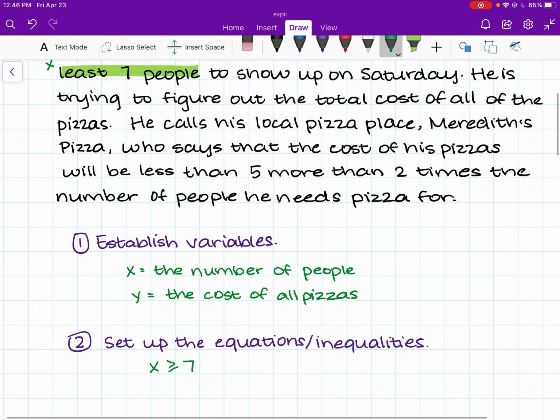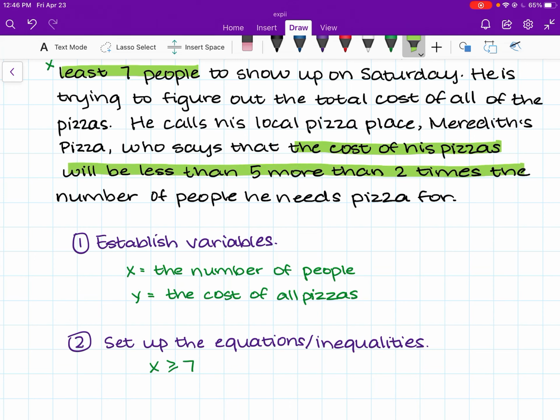Our next inequality is going to be the total cost of all pizzas. Meredith on the phone says that the cost of his pizzas will be less than 5 more than 2 times the number of people.